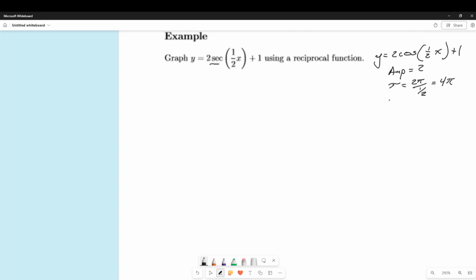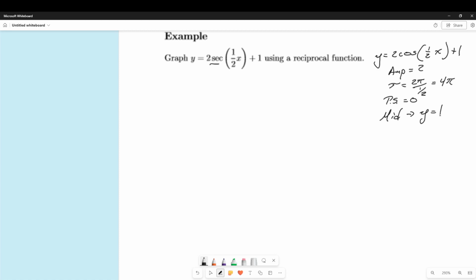Our phase shift is 0 because there's nothing being added there, and our midline is going to be at y equals 1.